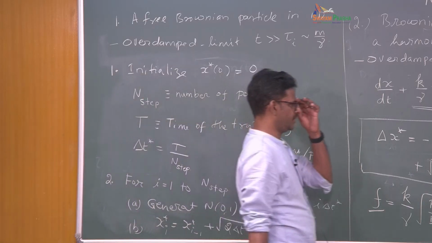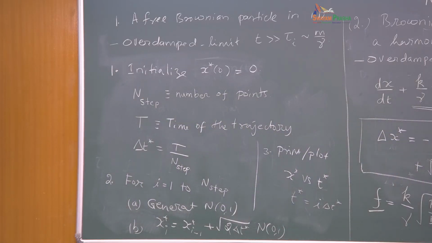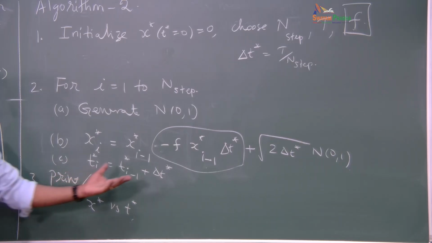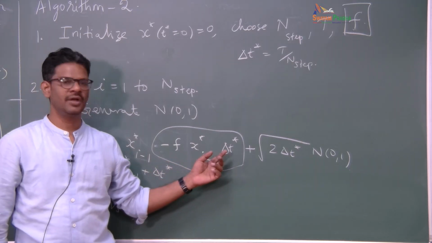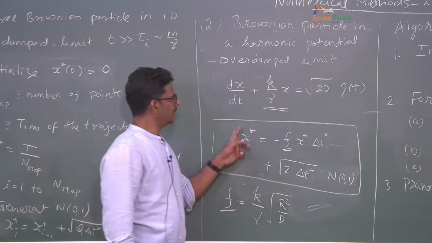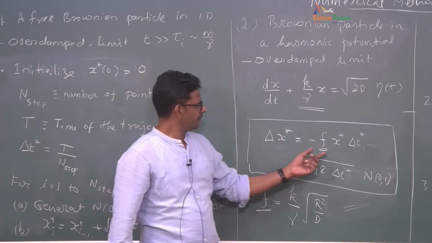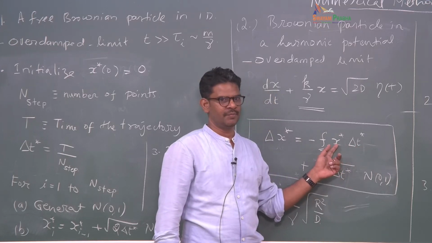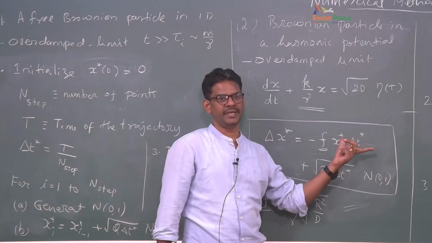So this is what I was trying to say: if you look at this incremental formula, we have this additional term compared to the previous case. The accuracy of this term will be determined by how small or how big delta t is, because when I take the differentiation of this, we have assumed that over a period of delta t this x remains almost the same, but this may be violated if delta t is too big.